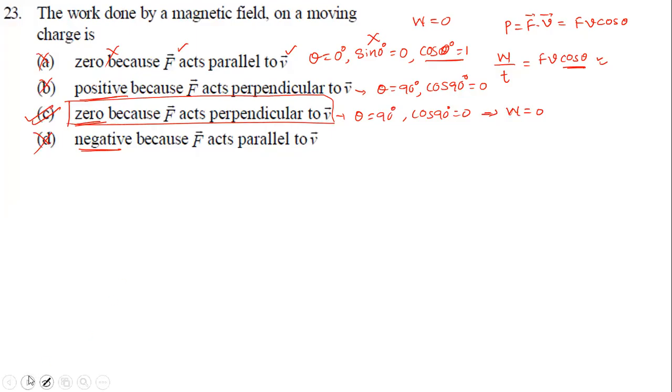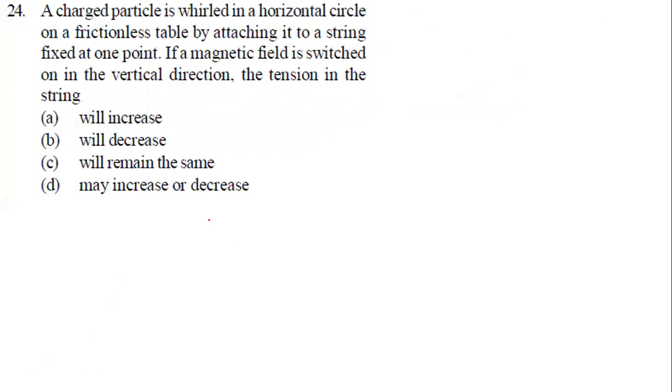Okay, so let's go for the next question. Question number 24. A charged particle is revolving around a center, encircling it, on a frictionless table.